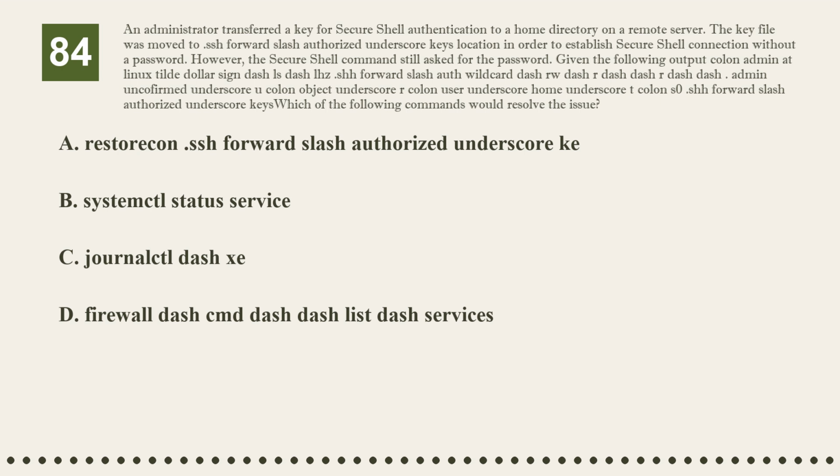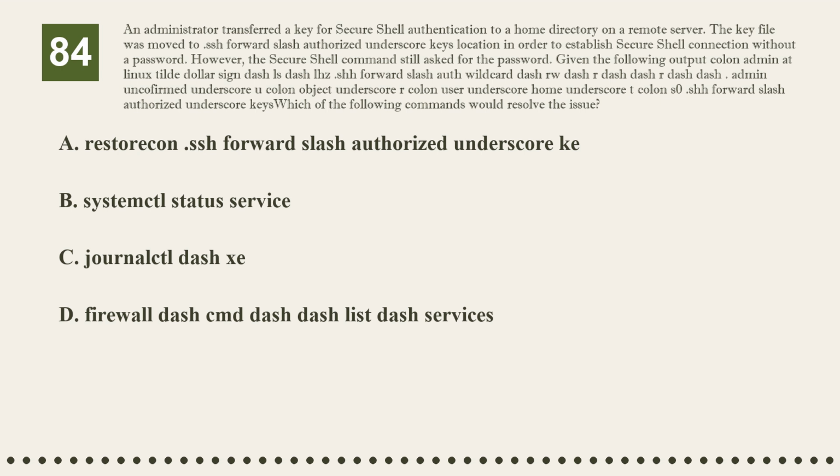Given the following output: admin@linux $ ls -lZ .ssh/authorized_keys, -rw-r--r--. admin unconfined_u:object_r:user_home_t:authorized_keys. Which of the following commands would resolve the issue?